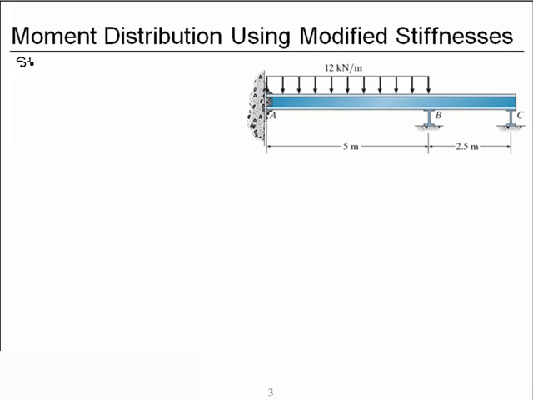So let's begin by approximating the answer. For the vertical support reactions, let's assume that distributed load goes to the nearest vertical support.